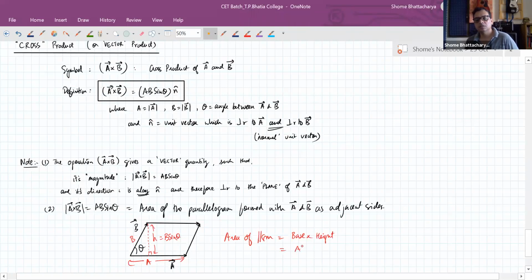The base is A and the height is B sine theta. So it is AB sine theta, which is nothing but mod of A cross B. That is the significance of the quantity AB sine theta, or magnitude of the cross product, that it gives us the area of the parallelogram formed by the vectors A and B. Make a note of this point quickly.